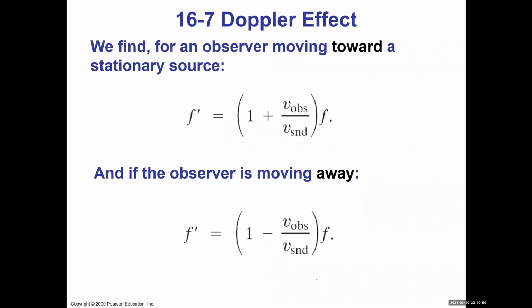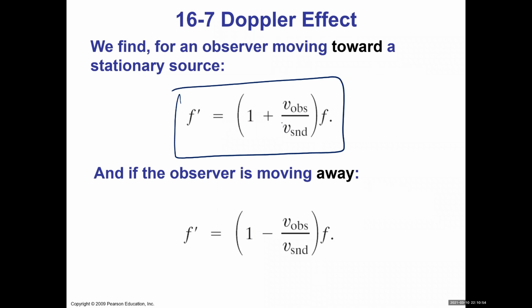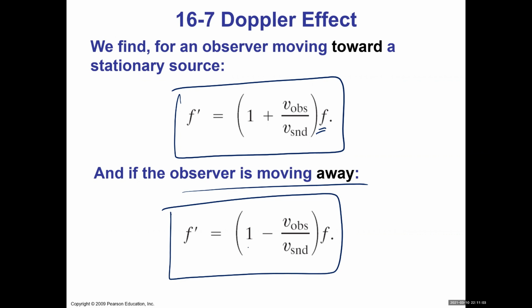In this case, f prime, the apparent frequency, equals 1 plus v observer over v sound times the original frequency. And if the observer is moving away, then f prime equals 1 minus v observer divided by v sound times the original frequency. Again, the frequency will change depending on whether the observer is moving toward or away. Very similar Doppler effect applied here.